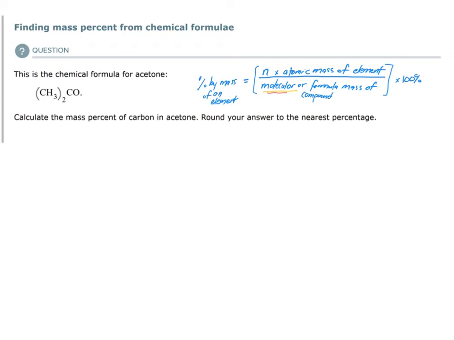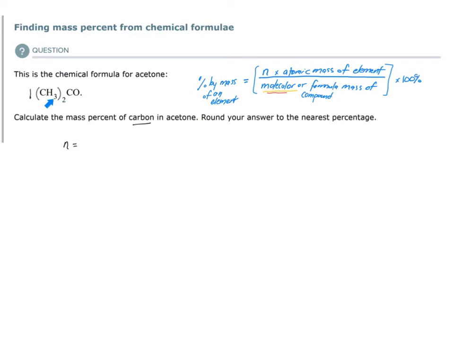So in order to do this, I'm again going to use the molecular interpretation of this chemical formula. It says 1 molecule of acetone has so many atoms of carbon, so many atoms of hydrogen, so many atoms of oxygen. Now here again, we're interested in carbon. So let's find N. What is the number of carbon atoms in 1 molecule of acetone?